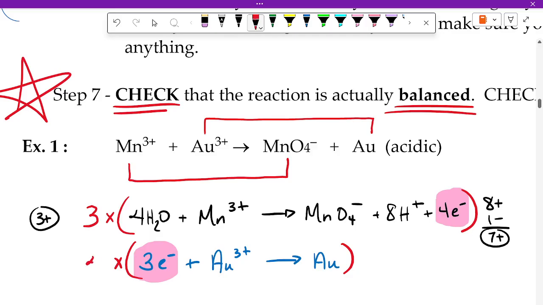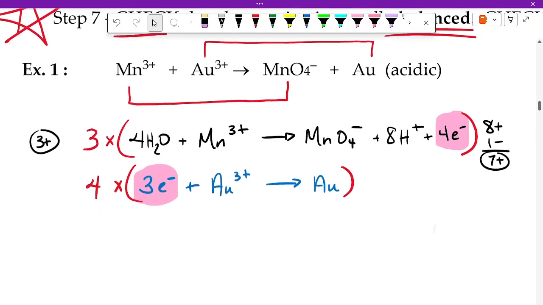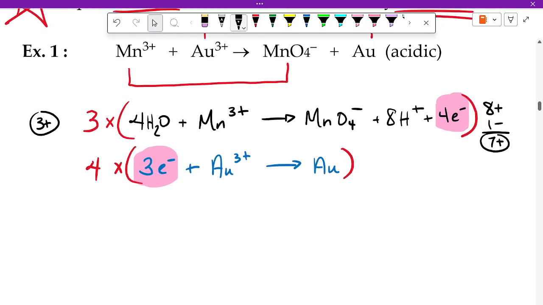We're going to take this one, stick it in brackets, and multiply the whole thing by 4. Now, I'll be honest with you, I make so many mistakes when it comes to this. So I literally take my pen and touch it to the page and say, 3 times 4 is 12 waters. Then I touch the 3 again and say 3 times 1 is 3 Mn3+. Yes? And then I've hit my arrow.